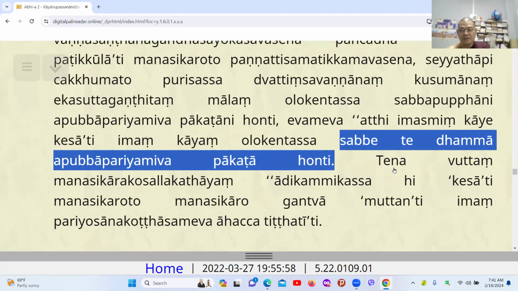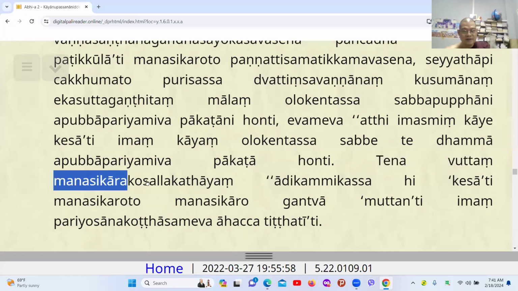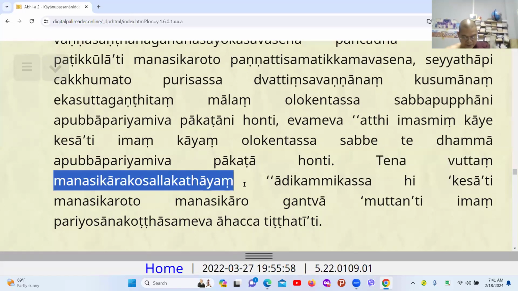Therefore it is said, Manasikara Kosala. For the beginner, he studies Kesa, then goes through to Mutta, urine, and the urine will appear there.